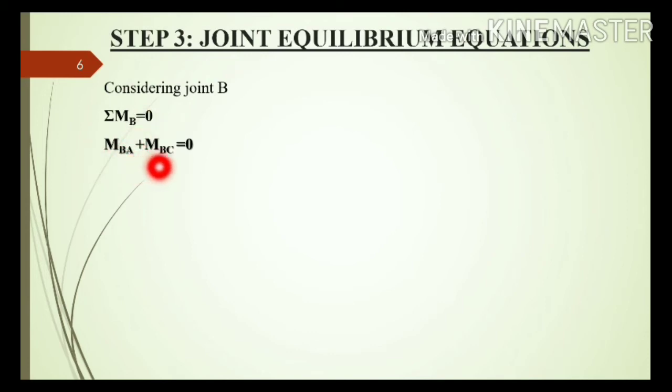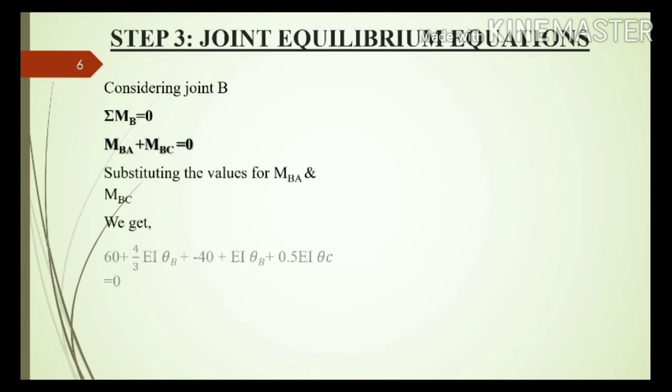Then substitute the value of MBA and MBC from the previous step. So we get 60 plus 4 by 3 EA theta B minus 40 plus EA theta B plus 0.5 EA theta C equal to 0. So we get 2.33 EA theta B plus 0.5 EA theta C equal to minus 20. This is our first equation.